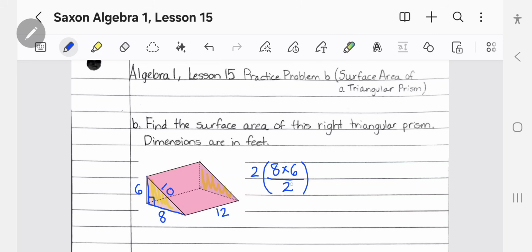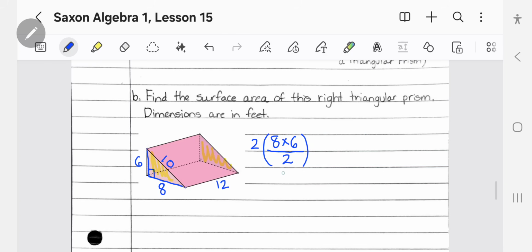It's as if you didn't do anything to it at all, right? So what we end up with is 48 square feet, because this 8 is feet, this 6 is feet. You can do it this way: 8 times 6 is 48, divide it by 2, you get 24, but then you're going to multiply it by 2, and you're going to get 48.